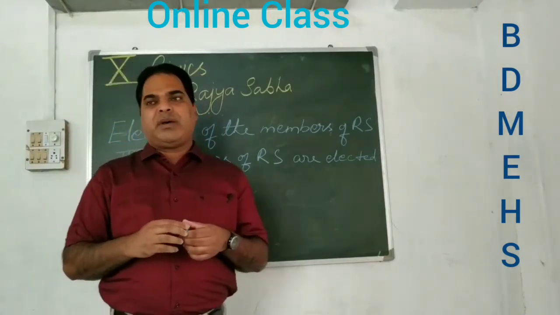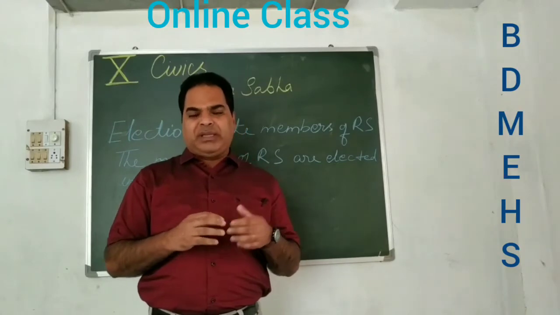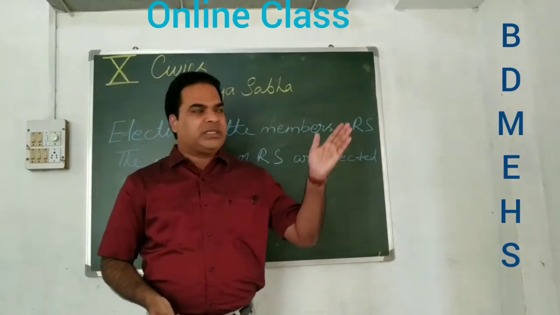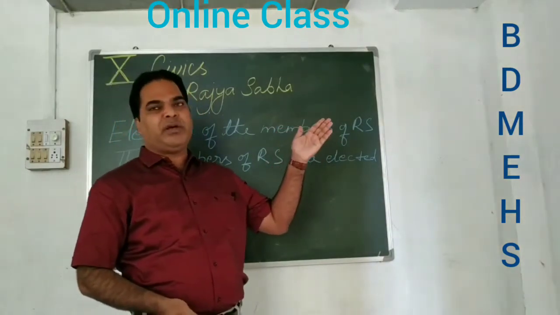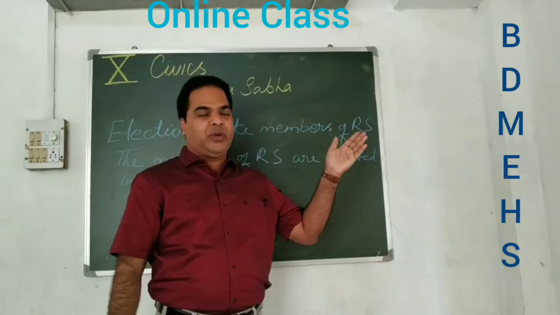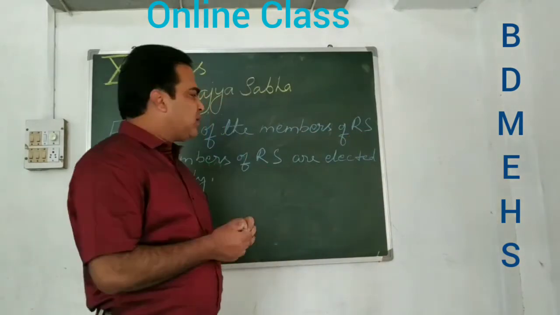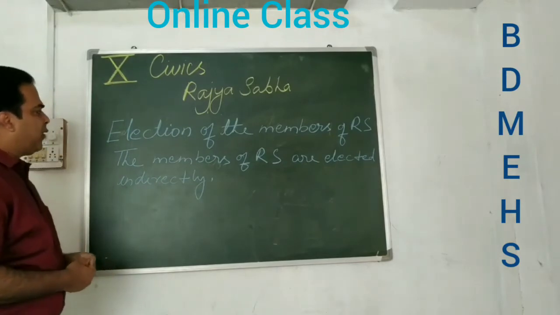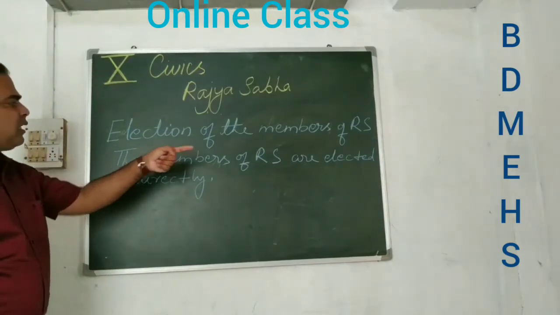Each and every state has been allotted a number of seats. These are the number of seats given here according to all the states and union territories. Now let us discuss once again the election of the members of Rajya Sabha.